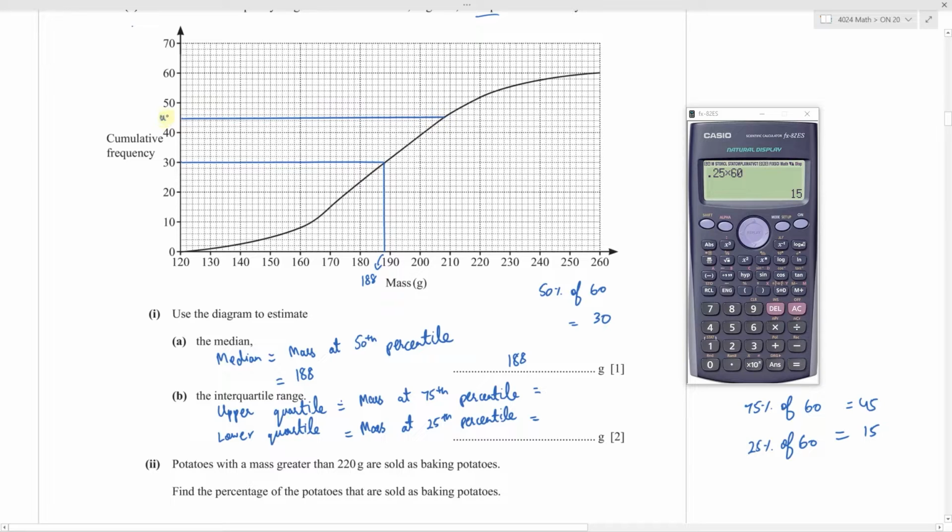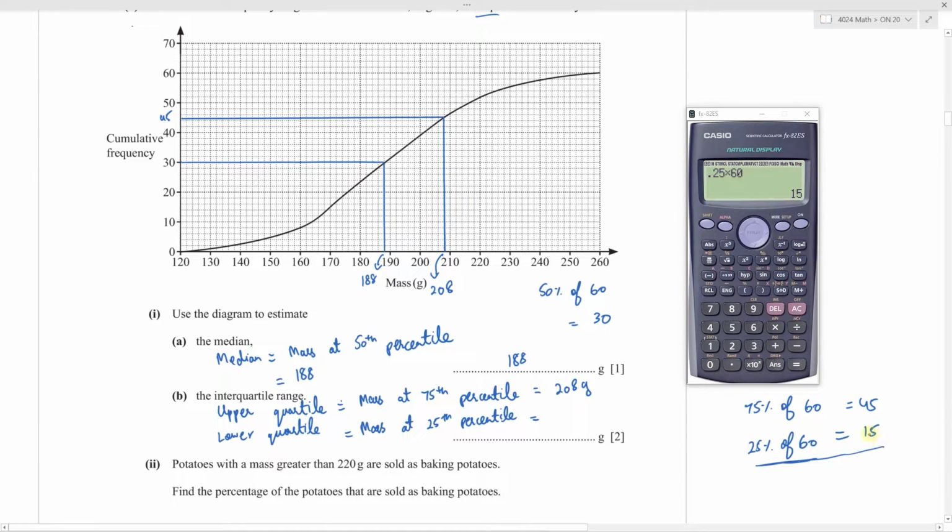So this is at 45, and on the x-axis this goes down to this value, which is 208, since this is one block before 210. So your upper quartile is 208 grams.